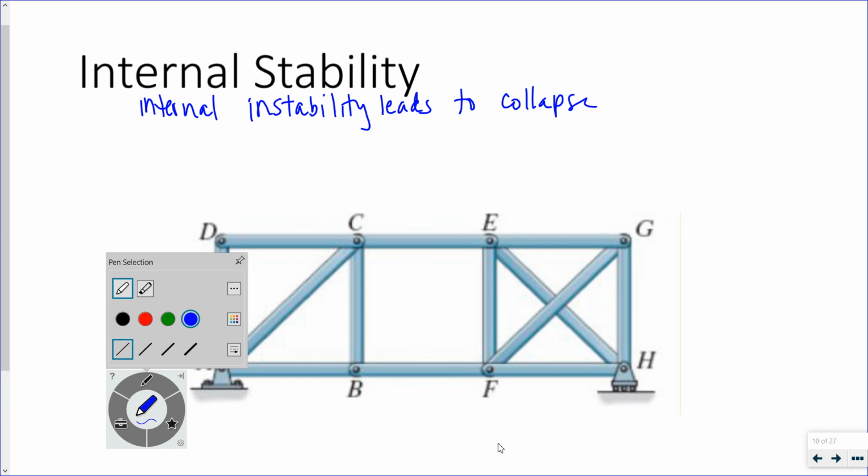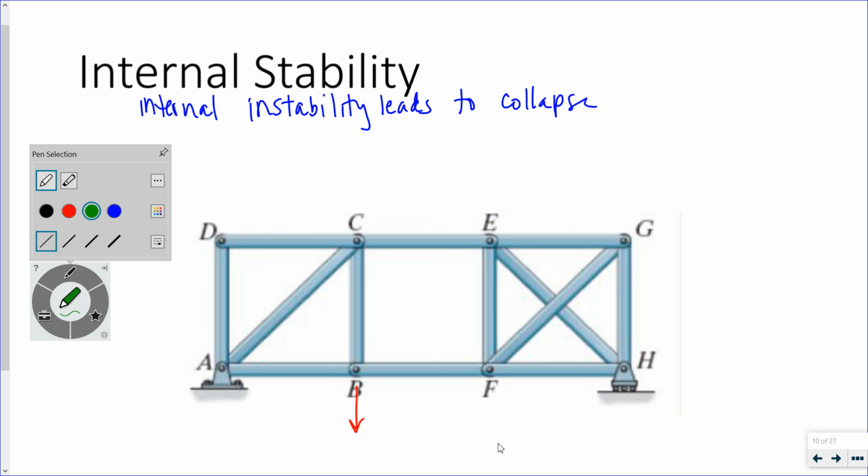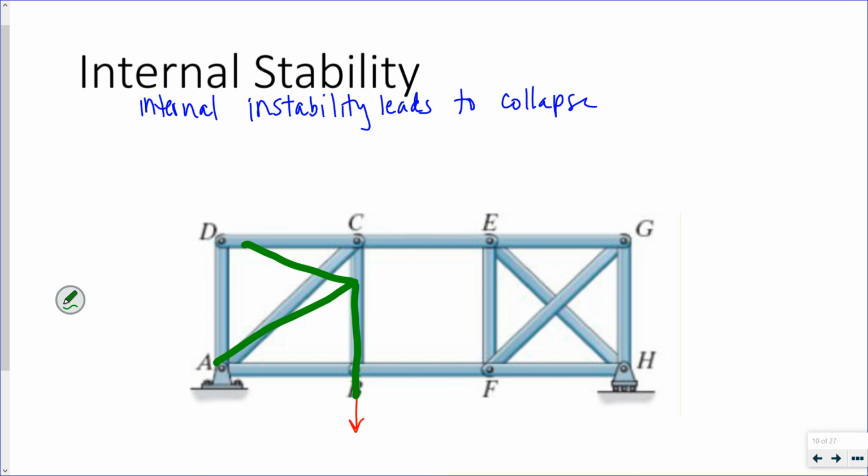Let's say I apply a load right here at B. Well, what would that look like? Okay, this member starts displacing. Let's make that a little bit thicker. This member starts displacing. This guy comes, oh, but he's still attached there. This one will probably come like that.